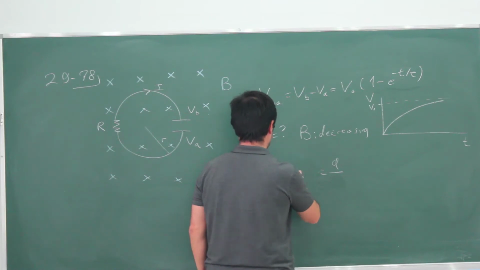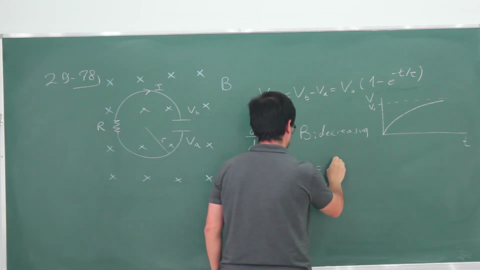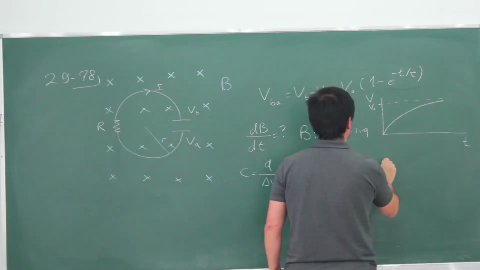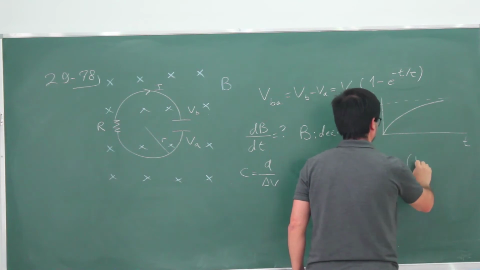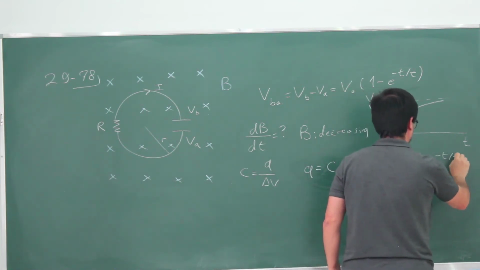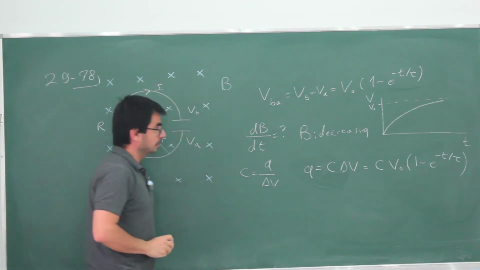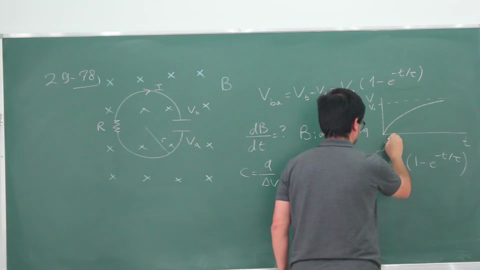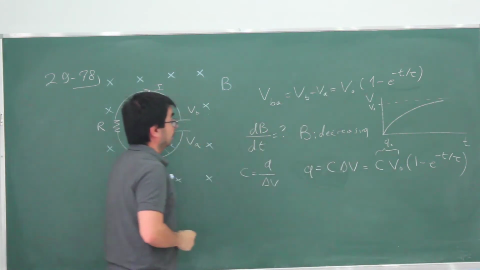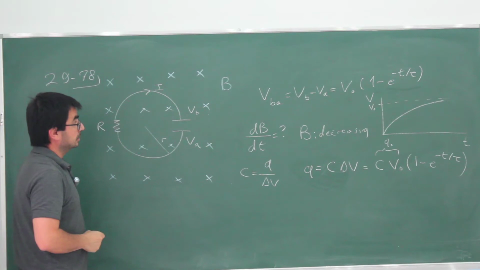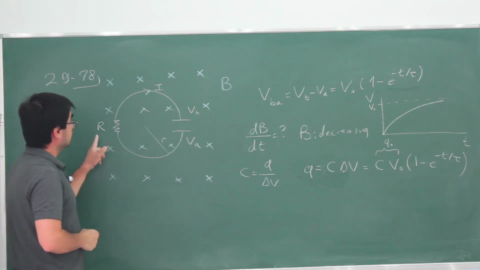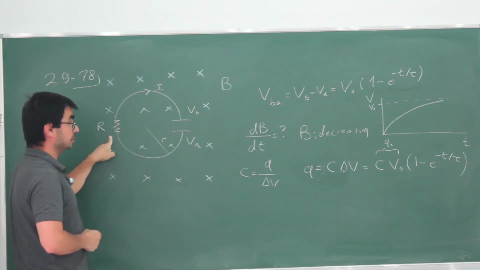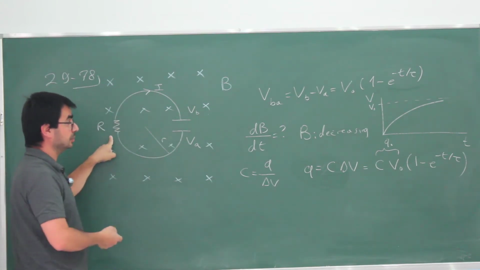So perhaps it's easier to write Q equals C times delta V, and so this is going to be C V0 times 1 minus e to the minus t over tau. Okay, so this is how the charge across the capacitor changes. Perhaps we can call this Q0 times that, if you want, and that is going to have the same behavior. The derivative of that charge must be just moving through this resistor. So the rate of flow of that charge is going to be our current.